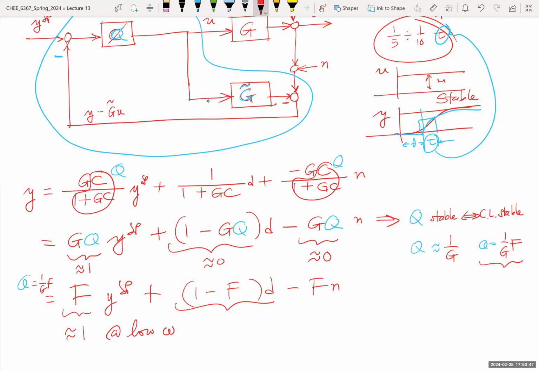This is going to be about 0 at low omega. And this is going to be about 0 at low omega, but about 1, sorry, the other way around.